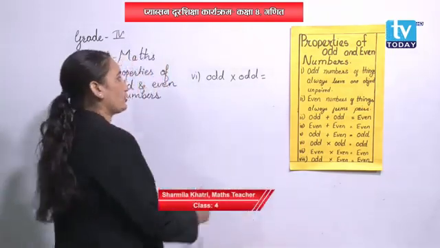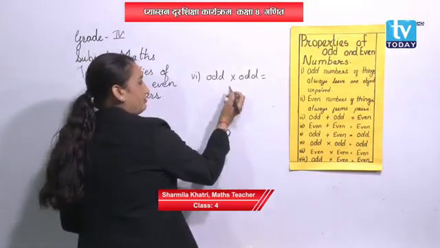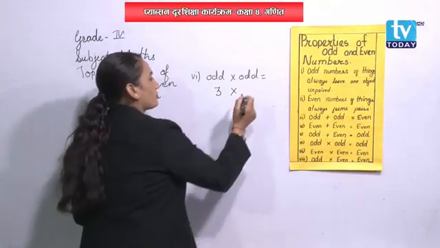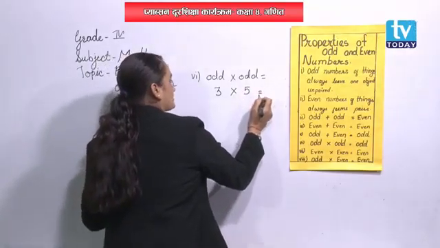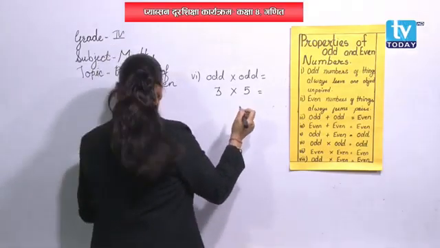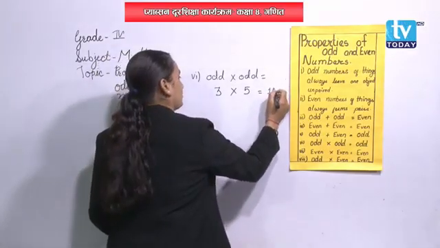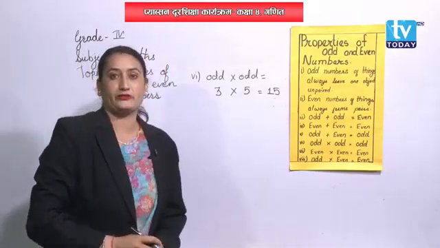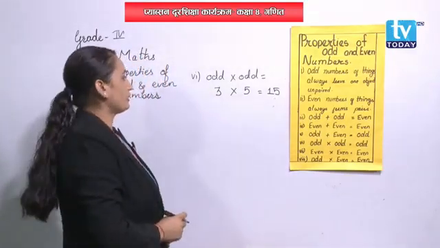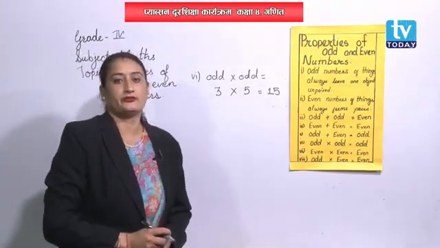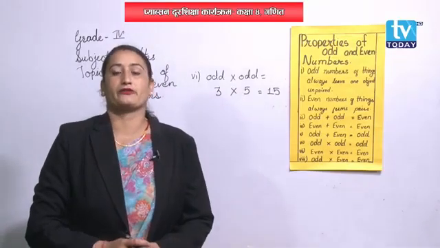Okay, let's do it. If I multiply 3 with 5, then what will be the answer? 3 into 5? The answer will be 15, right? If I multiply 3 into 5, the answer will be 15. Now tell me student, is 15 an odd number or an even number?